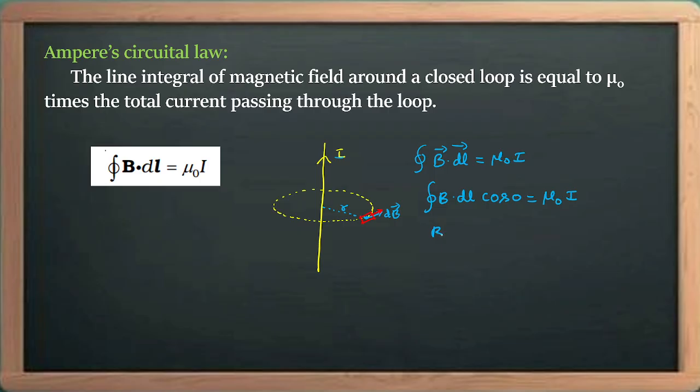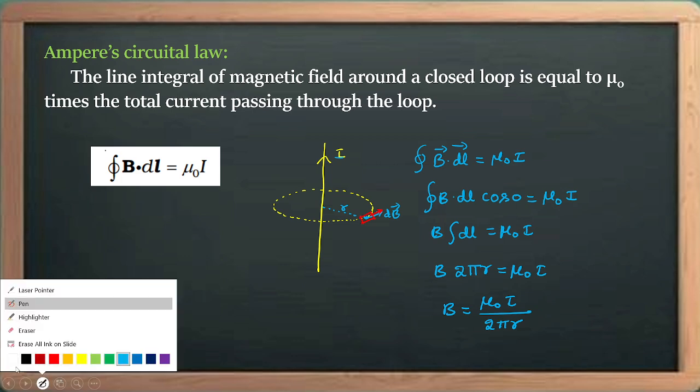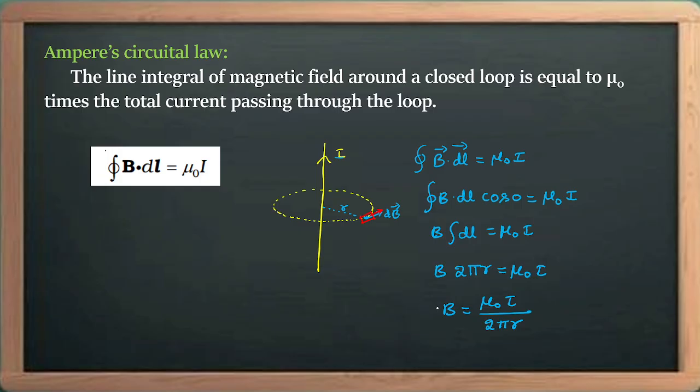B is a constant at that particular distance, so it will come out of the integral. Integration of dl is 2 pi r. So B into 2 pi r is equal to mu naught times I. So B is equal to mu naught times I divided by 2 pi r, which gives the expression for magnetic field.